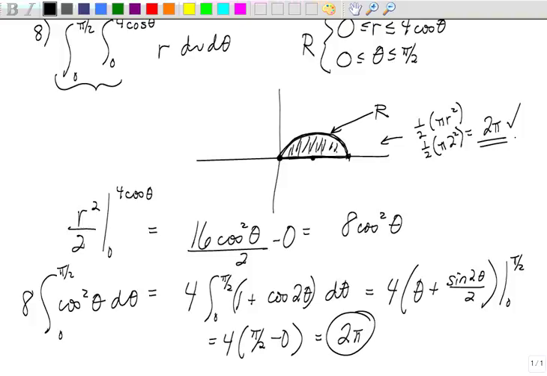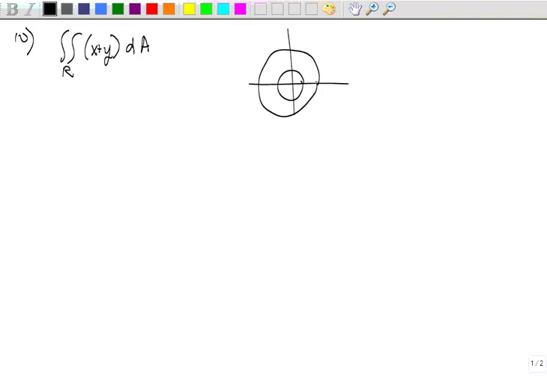Okay, in 10, we're going from, lies to the left of the y-axis, and the radius is 1 and 2. So I have r is between 1 and 2 for my region, and theta is between pi over 2 and 3 pi over 2.